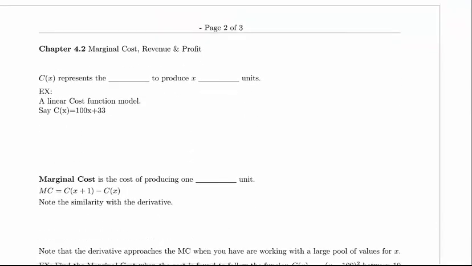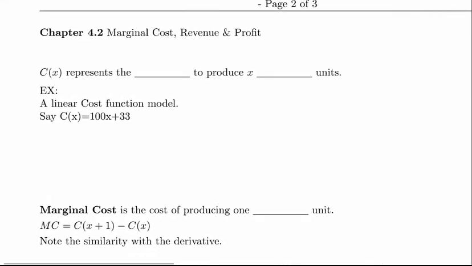Alright, now let's talk a little bit about money in chapter 4.2. Something we've all had experience with, some more than others, I suppose. So what is C of x? C of x represents the cost to produce x total units, right? It's the total number of units that we're making.